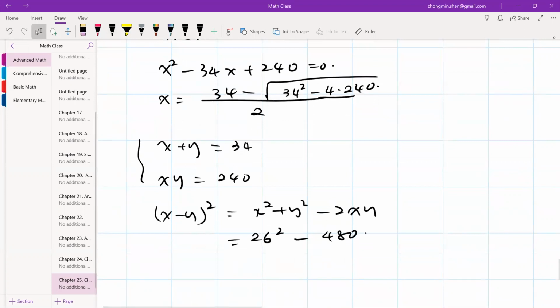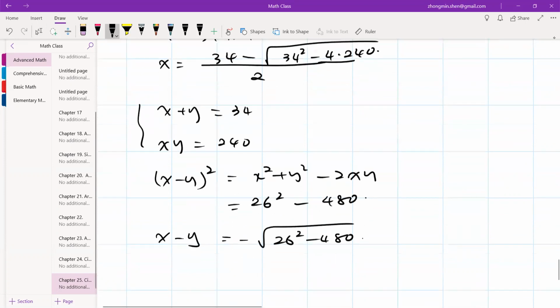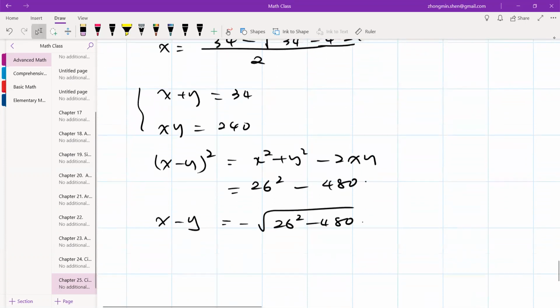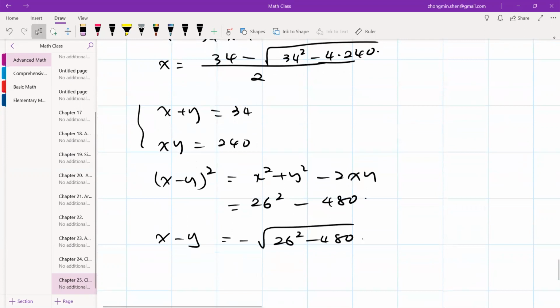Anyway, x is smaller. So you get x minus y is going to be plus or minus, you take the negative. Then you add them together, you get x. You will get the same result.